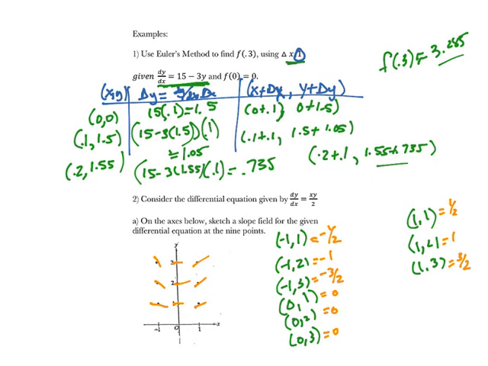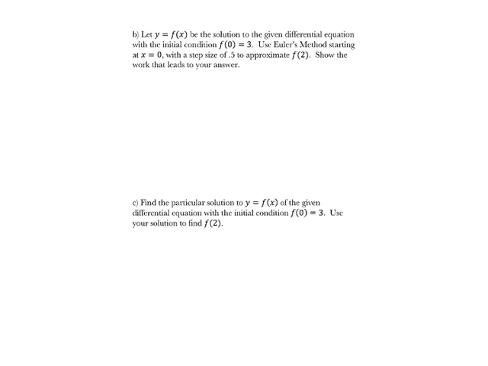Now, that's part A. In part B, it says use that same dy/dx, which was xy over 2, and use Euler's method this time with a step size of 0.5 to approximate f of 2. Okay? So, practicing Euler's method again.